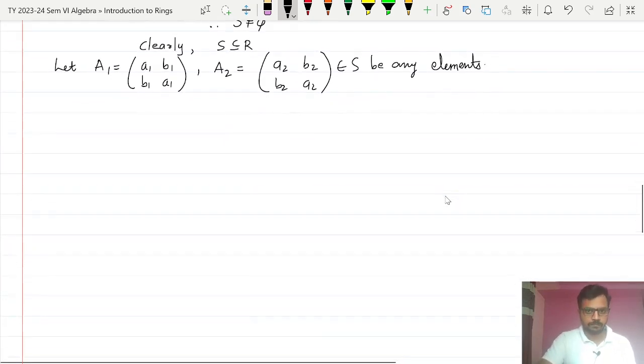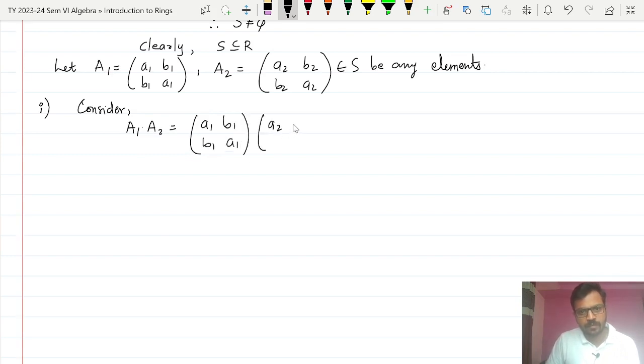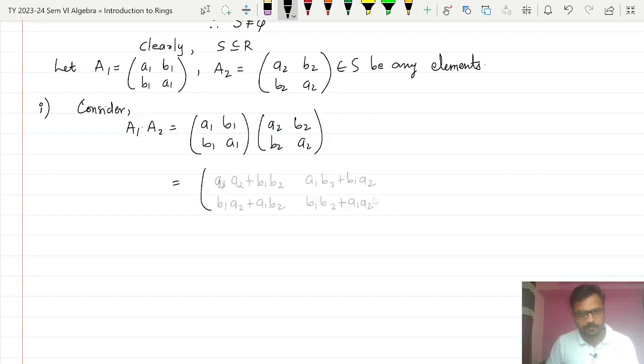Now the first condition is regarding the multiplication. So we have to check whether A1 A2 belongs to S or not. For that purpose I will consider A1 multiplied by A2, which is equal to A1 B1 B1 A1 times A2 B2 B2 A2, just putting the values of A1 and A2 here. Now I will multiply them together.